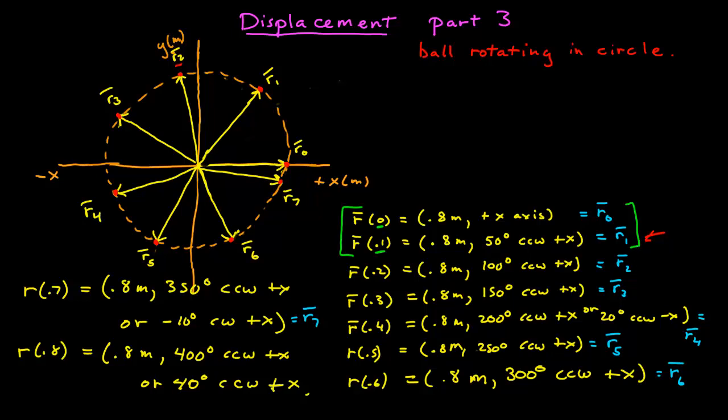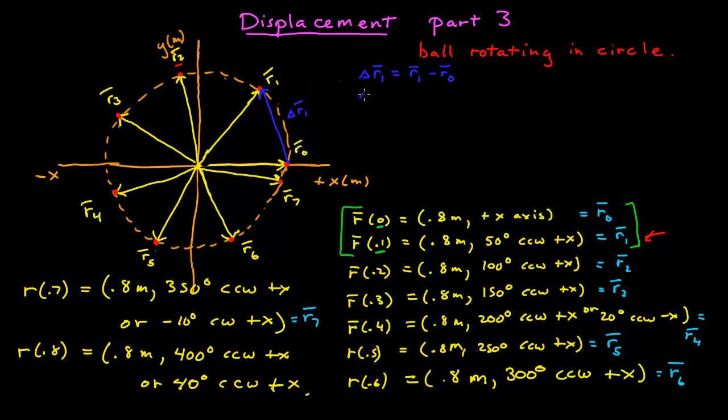From those two vectors, we can calculate a displacement vector, which I'll call delta r sub 1, which is r1 minus r sub 0. You can add them graphically, as we did in the last two videos, but we also know that this displacement vector points from the location at the initial time to the location at the second time. So this is delta r1.